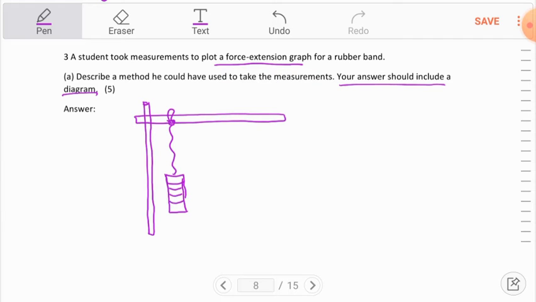So this is the slotted mass hanger, and obviously there will be a meter ruler attached to it. And to make sure that the meter ruler is exactly vertical, we can use a set square.